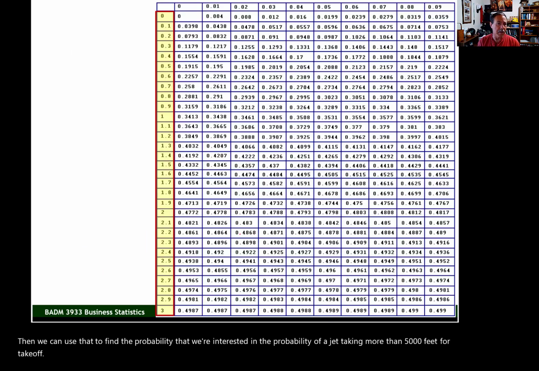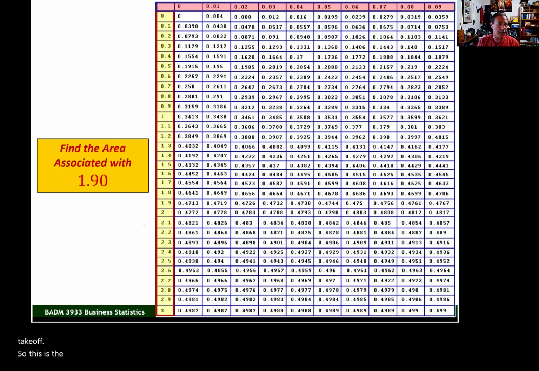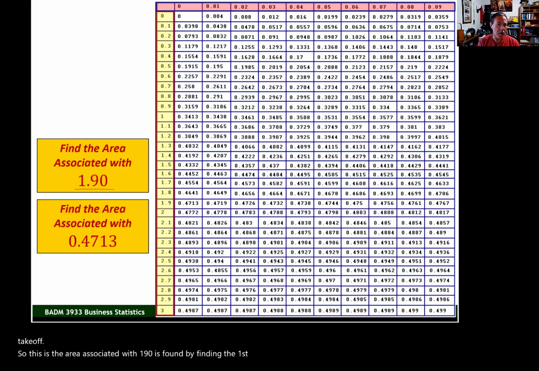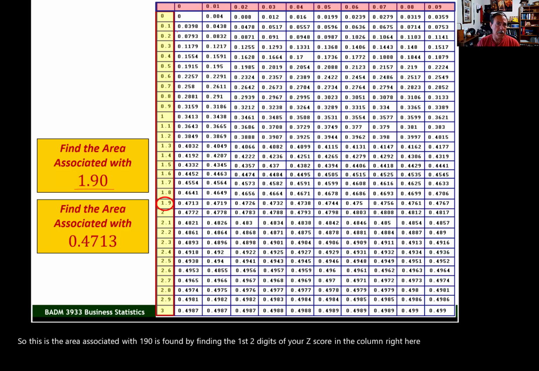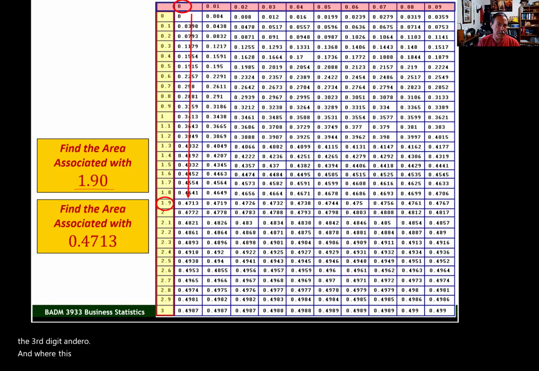The area associated with 1.90 is found by finding the first two digits of your z-score in the column, then finding the third digit in a row, and where this row and this column intersect, that is our area associated with 1.90.